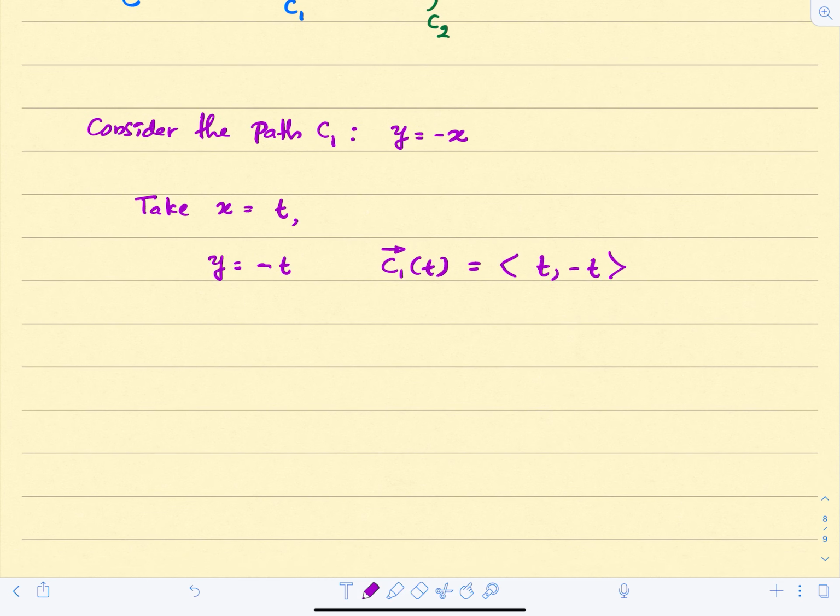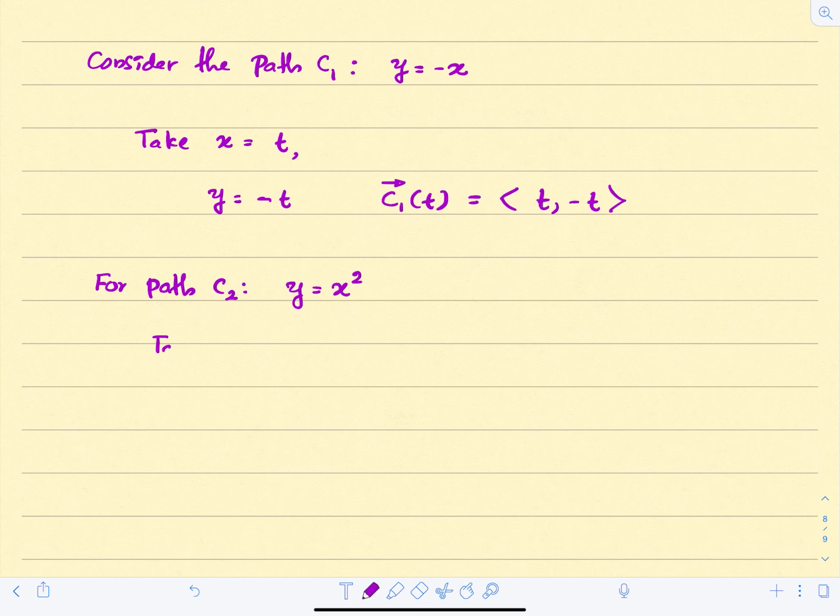Similarly, for path C2, again we take x equals t because x is the independent variable.